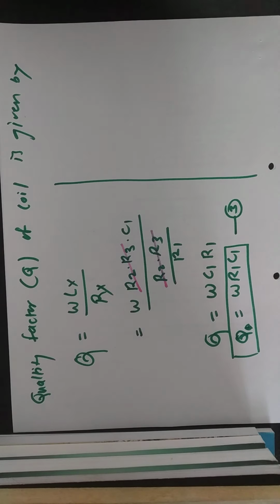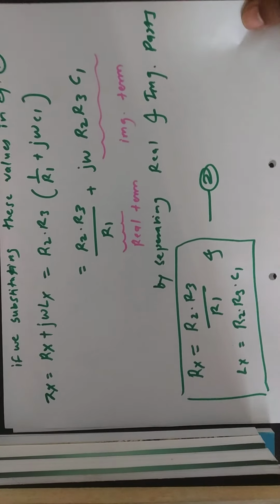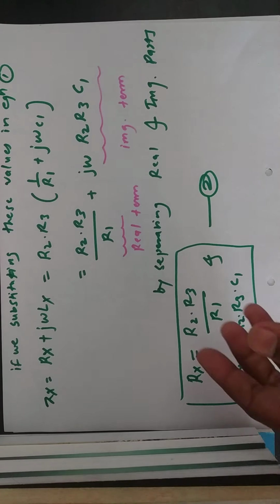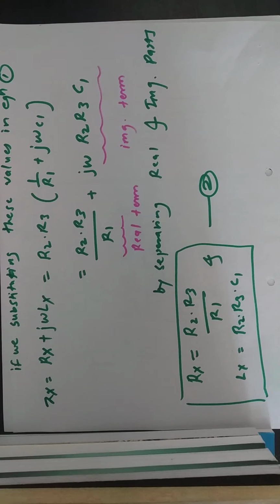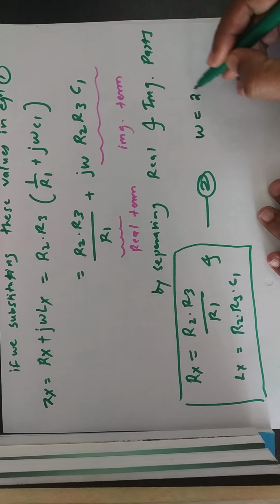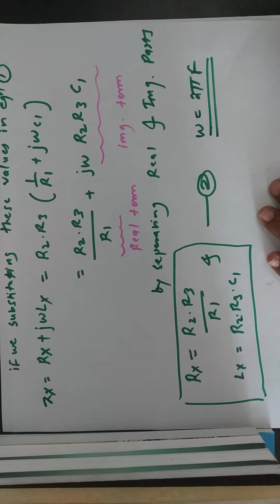If you closely look at the balance equations, you may realize that balance equation number 2 is independent of frequency, because you don't find any omega term. Omega can be written as 2 pi f, where 2 pi is a constant and f is the frequency component.